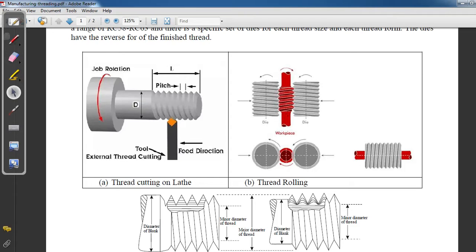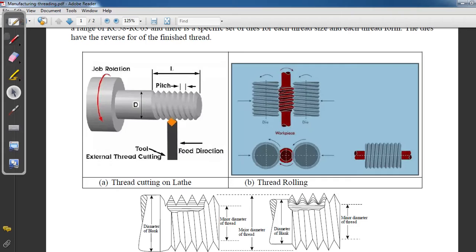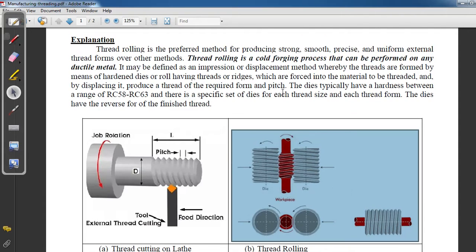We feed the workpiece in between these two rollers; the rollers rotate anti-clockwise and the workpiece rotates in the opposite direction, clockwise. This way external threads are produced on the material by deforming it plastically, not cutting it. So it is a cold forging process because we are forging the material.